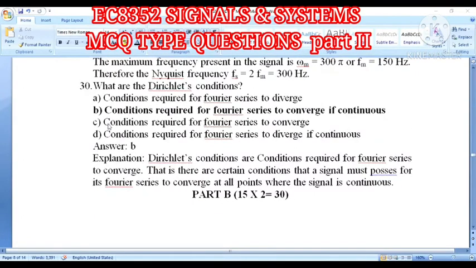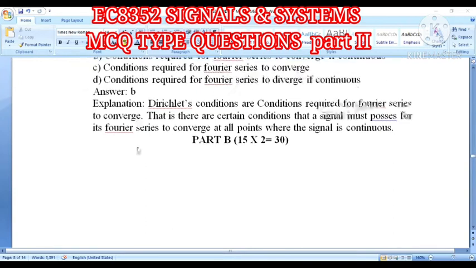So let us check the answer. B and D are more or less similar, but there is a difference: one converges if continuous, and the last one diverges if continuous. Dirichlet's conditions are the conditions required for the Fourier series to converge. We need Dirichlet's conditions because they are required for our Fourier series to converge.